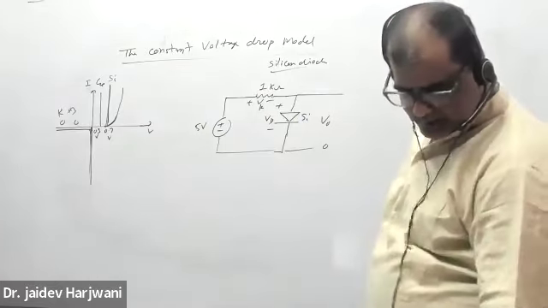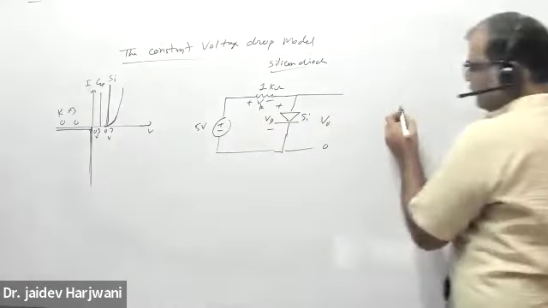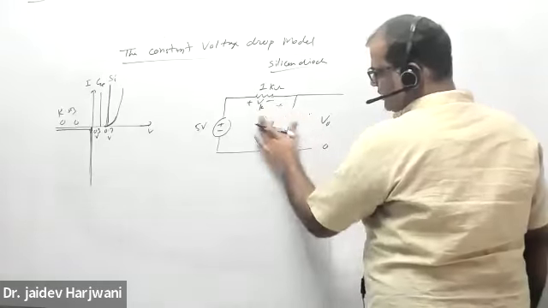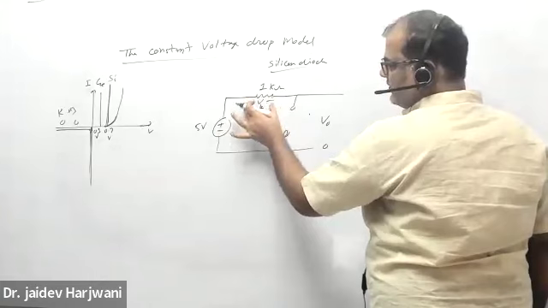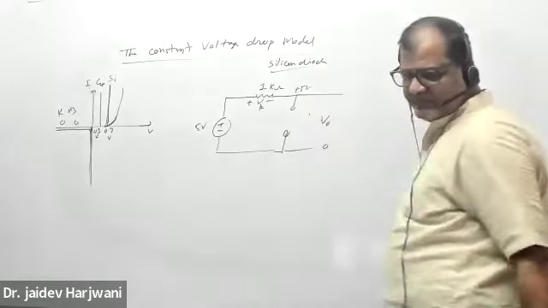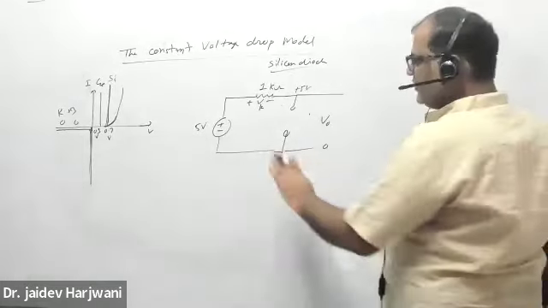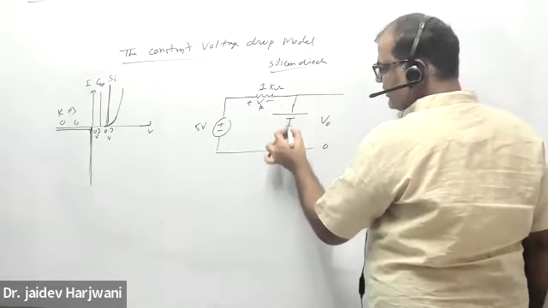Forward bias. So if I open this one, no current is flowing. That means no drop is there. That means this 5 volt is coming here. That is the open circuit voltage, 5, greater than 0.7. So this diode is forward biased, and whenever it is forward biased, you can replace it by a battery.